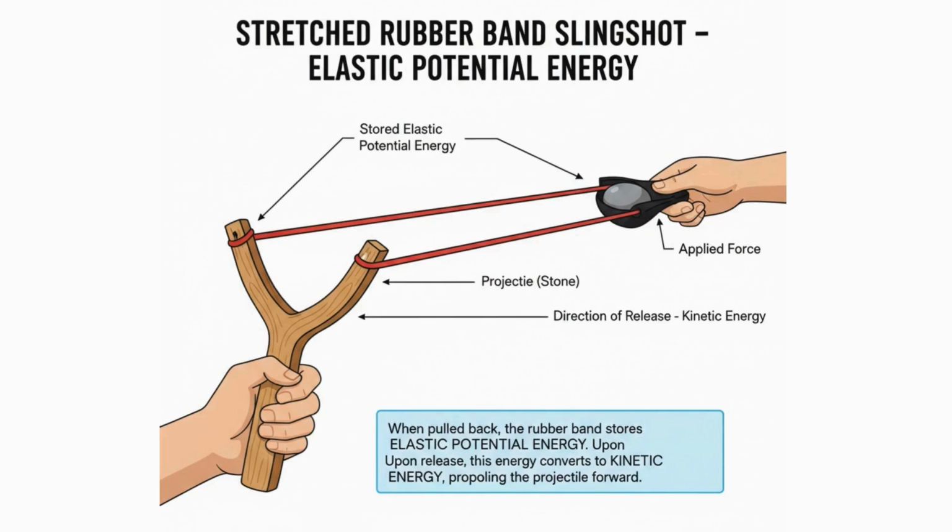Upon release, this stored energy is converted into kinetic energy, which is the energy of motion, to propel the object forward. So this example explains the concept of elastic potential energy.